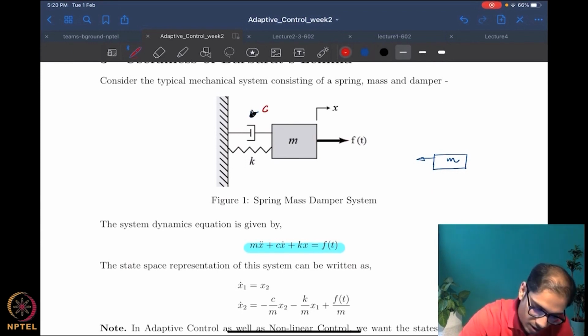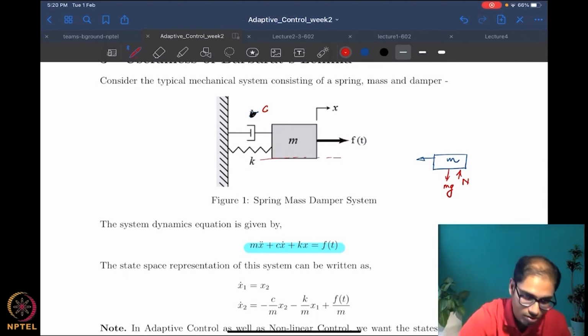Okay, so this is a free body. There are multiple forces here. The movement is only horizontal, so let me write this carefully. The vertical force is mg, and then you have a normal reaction from the ground, which is not really marked here, but there is a constraint to prevent it from falling below.